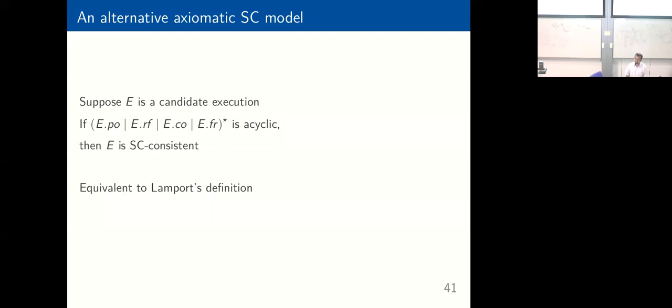The first definition I gave you is Lamport's definition, and you can read about it in a very short, quite nice paper from 1979, something like the correctness of multiprocessor programs. This one here is from the late 80s. I'll have to look up the exact reference, but it's by Shasha and Snir. Afterwards I could send around via the organizers, or if you give me your email, I'll send you a link to the paper.